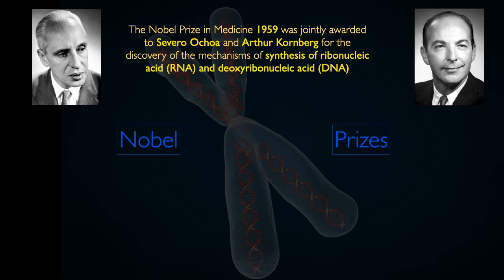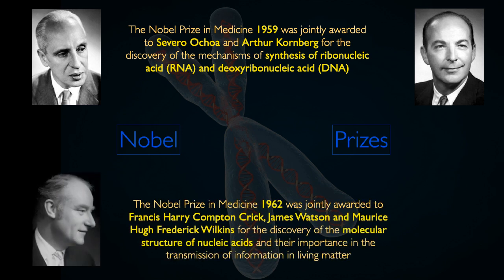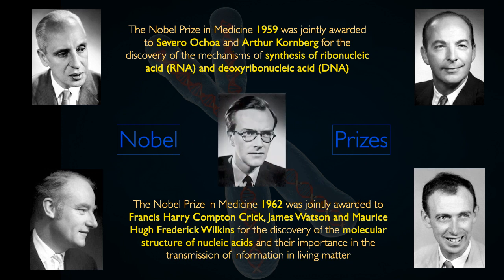Then Watson, Crick and Wilkins got the same prize in 1962 for the molecular structure of DNA that they call the double helix. Here you have them. Wilkins is less known, but he used X-rays to discover the structure of DNA.